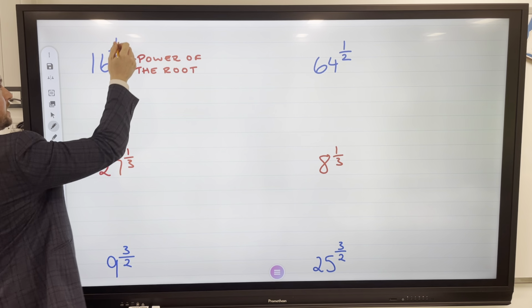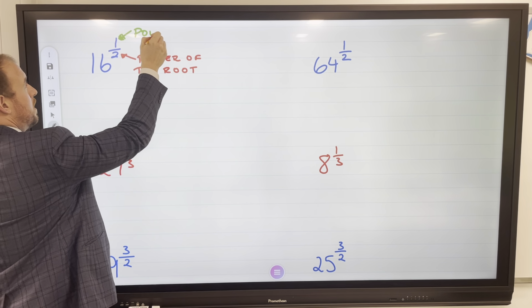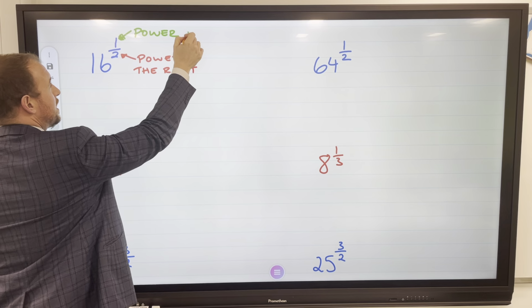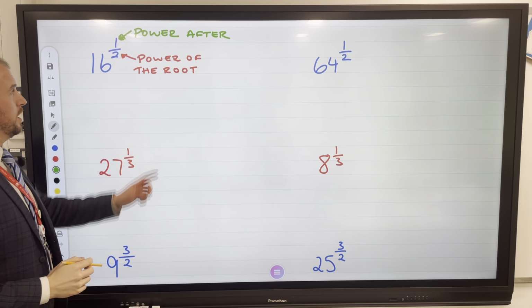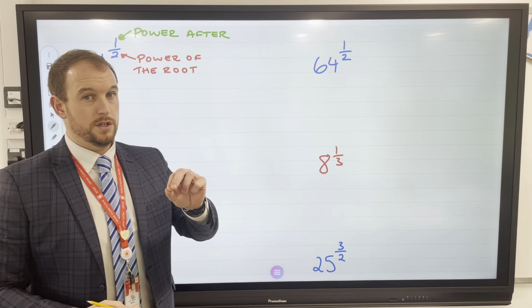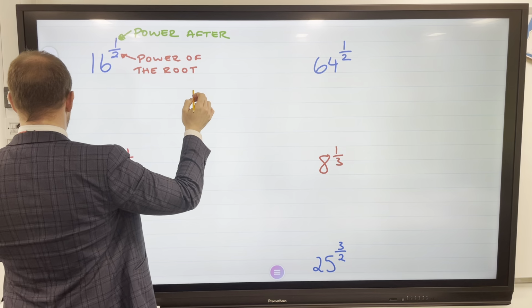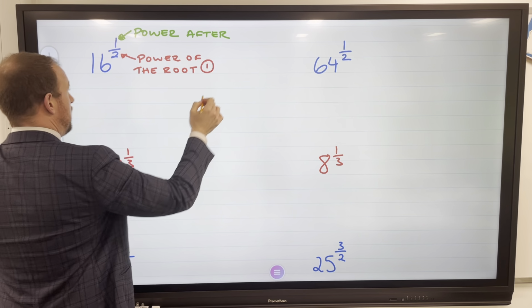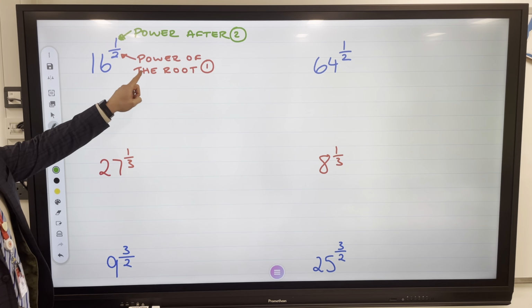And then this one here is the power afterwards. So denominator first, I'll put a 1 here for you, and then I'll put a 2 there so you can see the order. So that means the power of the root.